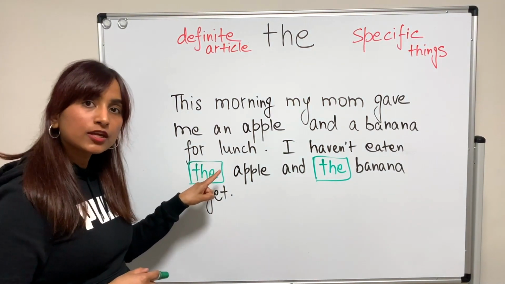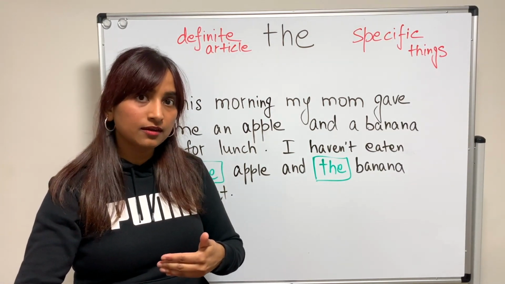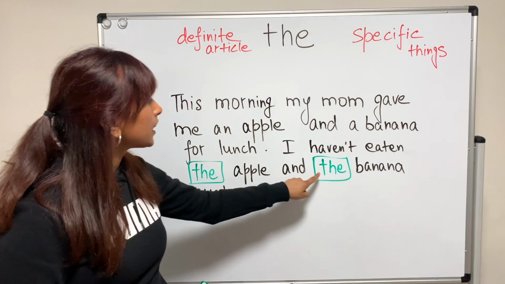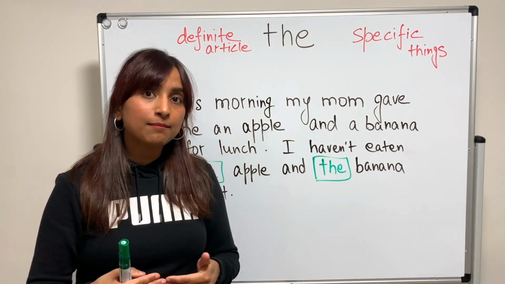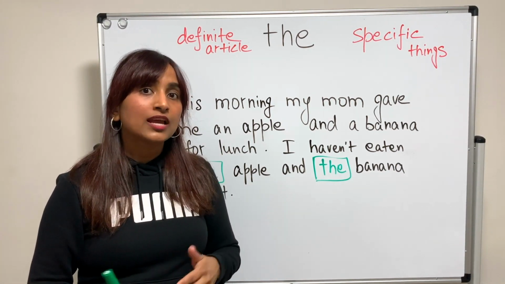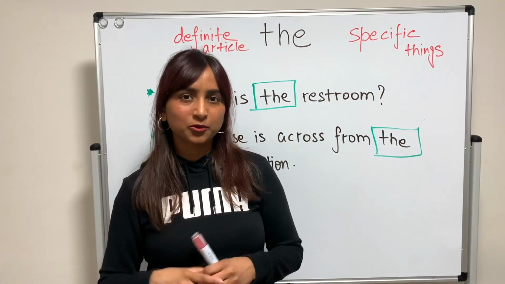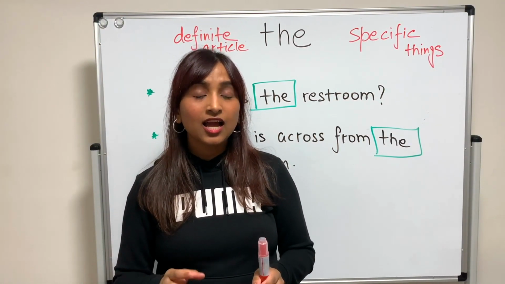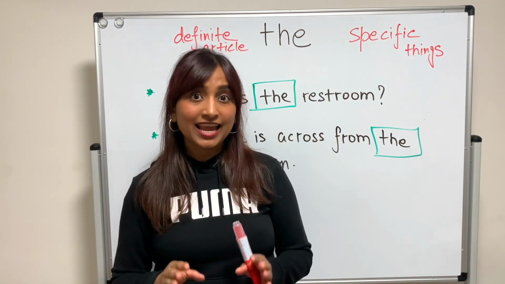So if I mention the same thing one more time in the conversation, I will need to use the. So that's our second rule. If you mention the same noun again in the conversation, you don't need to use a or an, you use the.